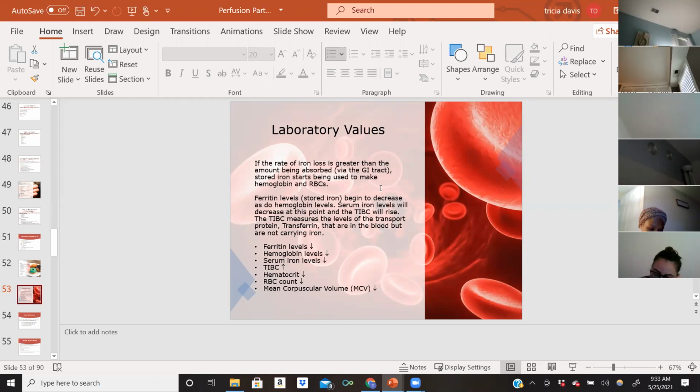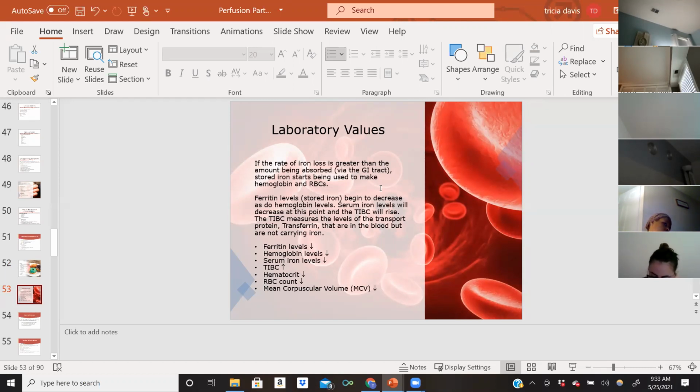Our ferritin levels begin to decrease, as do the hemoglobin levels. Serum iron levels will decrease at this point, and the TIBC, which is the measure, is going to rise. The TIBC measures the level of our transport protein, our transferrin, that are in the blood but that are not carrying the iron.